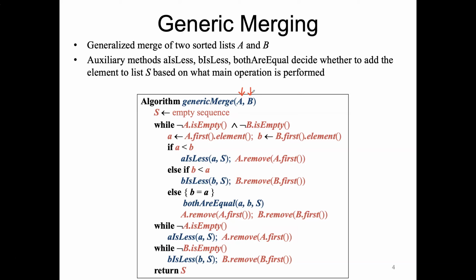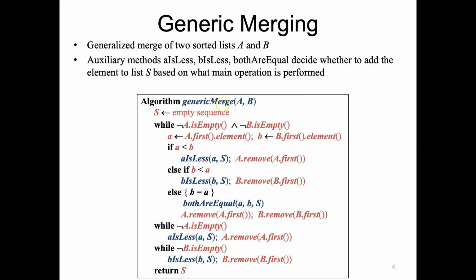And we're going to use the same idea here to take now two sets, which are represented as sorted lists, and put them into one set based on which operation we're doing, taking either items from A or from B or from both of them or from only one of them.